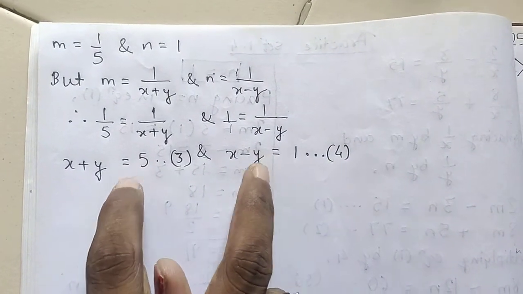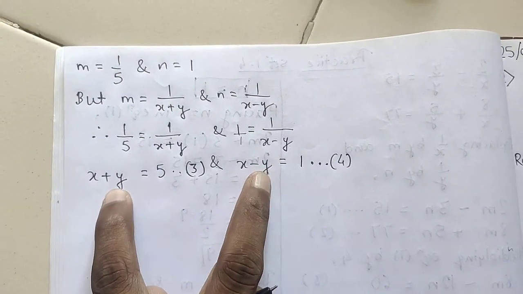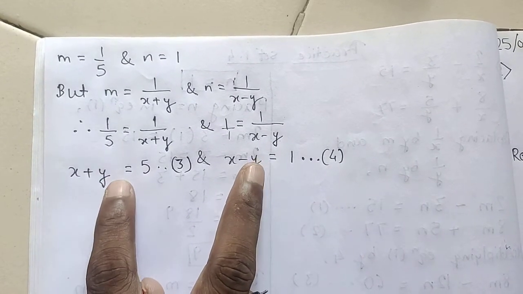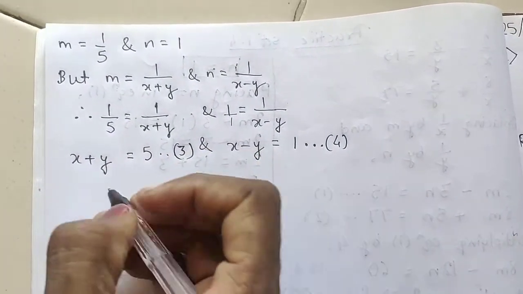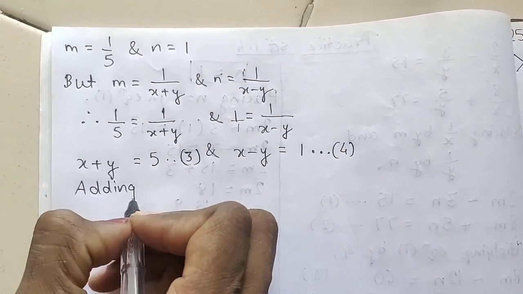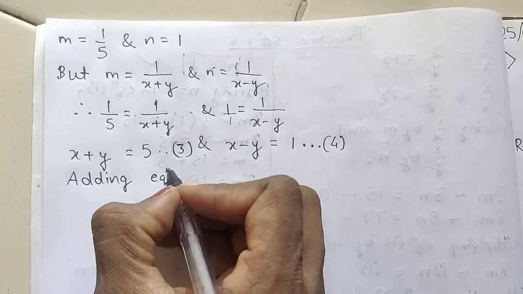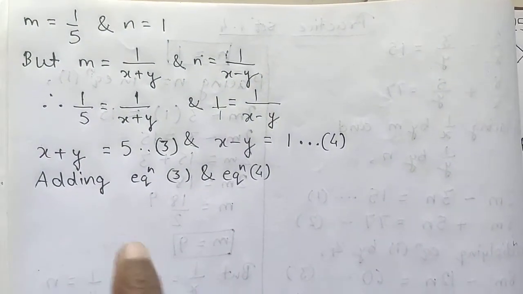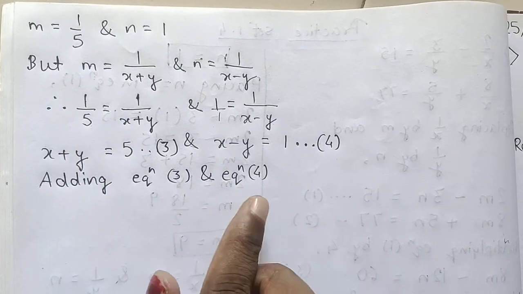Now see what we are going to do, we are going to add so that y and minus y get cancelled. Okay, so let us add equation 3 and equation 4.